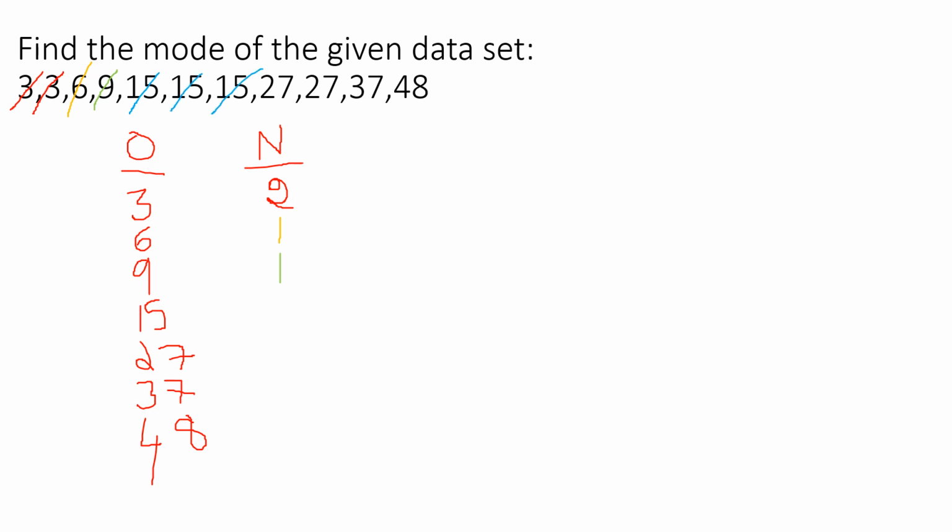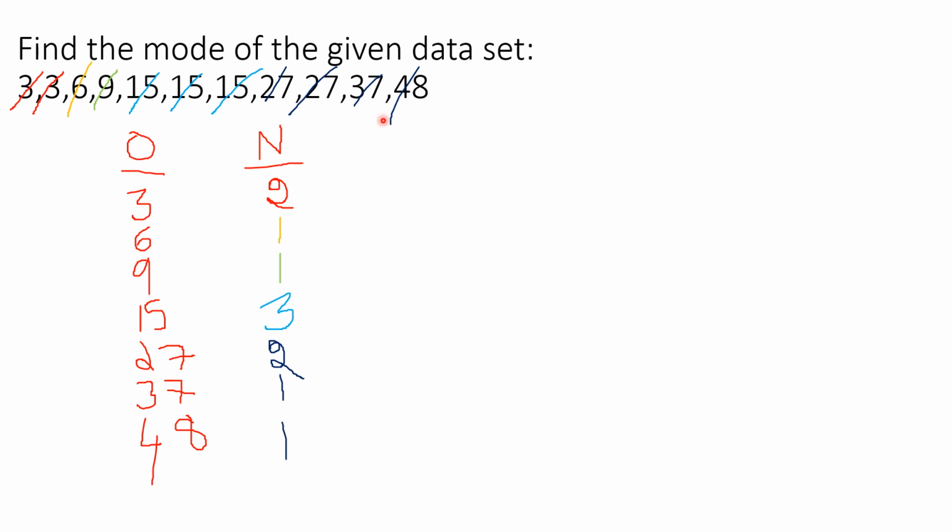Count the cross marks, 1, 2, 3, and write it down here. And the next one is 27, which has 2 cross marks. So 2 here. And 37 and 48, we have only one of each. So 1 and 1.